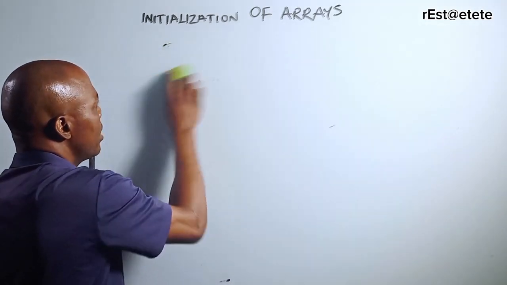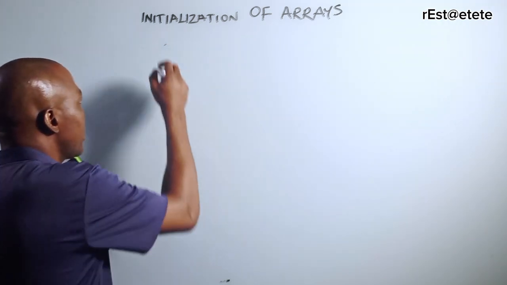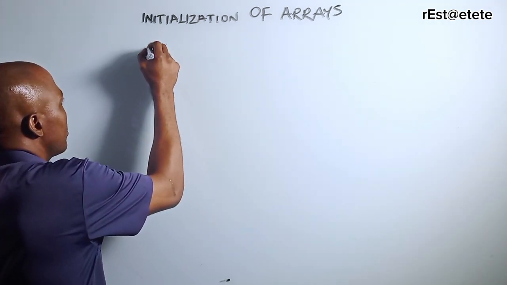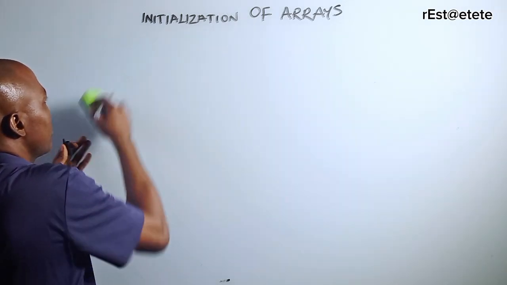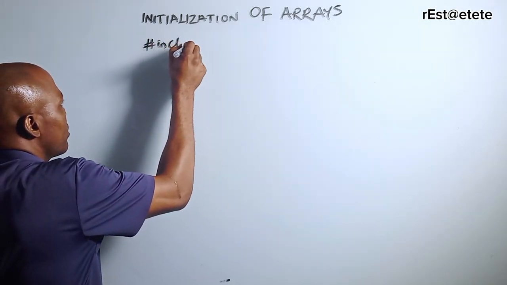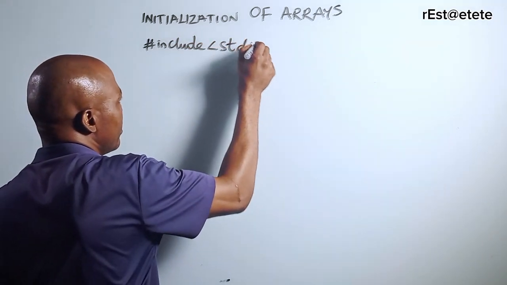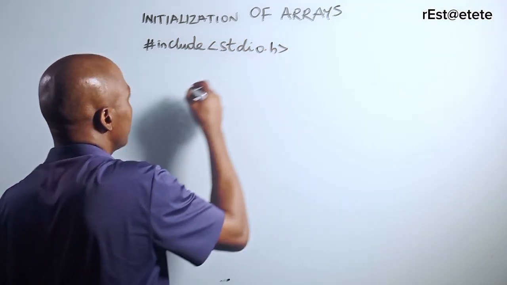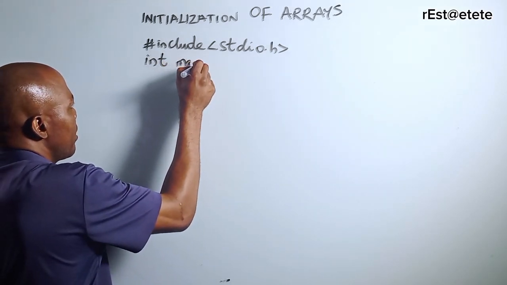Now I'm going to write a little program to just show you that. Now the first thing I will do is include stdio.h, and then I'll declare my main function, int main.